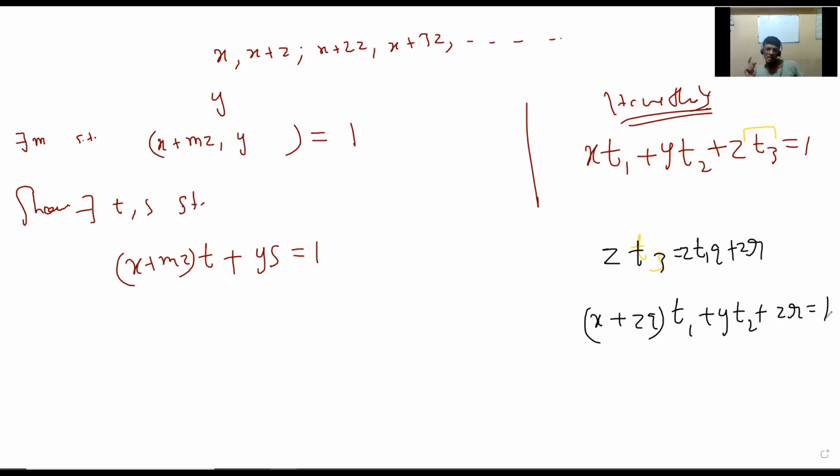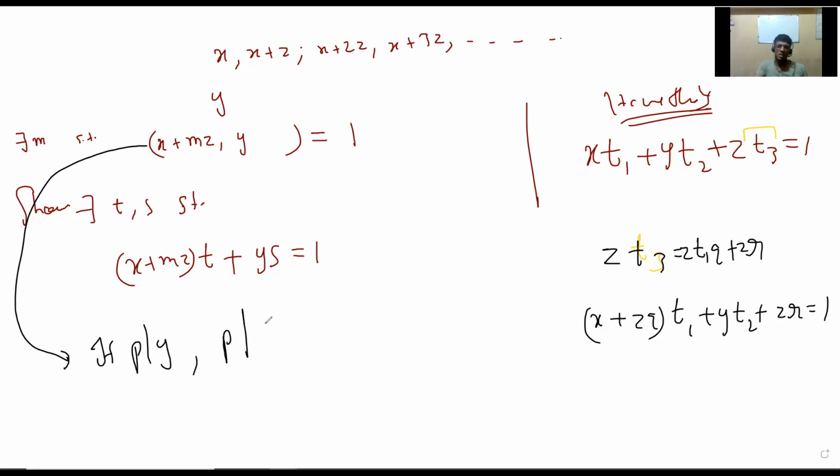So, I'm not able to make use of that. What you can think of is directly looking at prime factors. Imagine if P divides Y, then P, X plus MZ. What would you have to do to make sure that P does not divide X plus MZ?